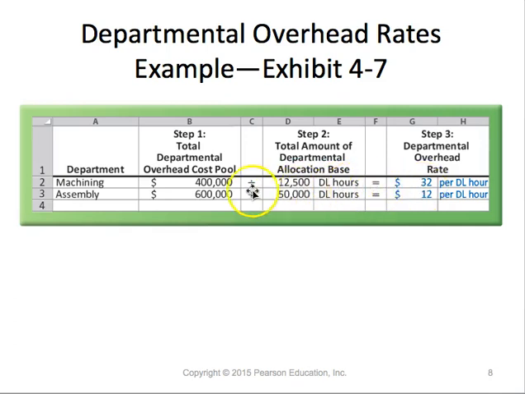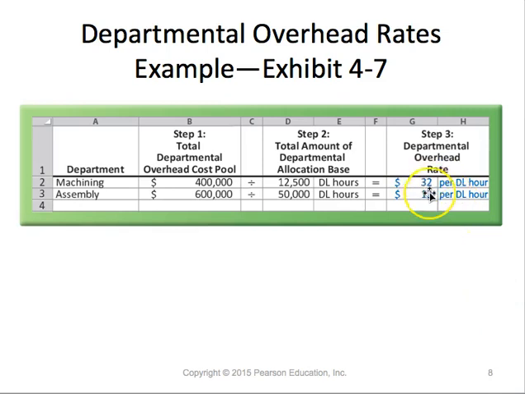So total cost for machining divided by total labor hours in machining is just $32 per hour. And in assembly, $600,000 divided by 50,000 is only $12 per hour. So we'll see the difference.